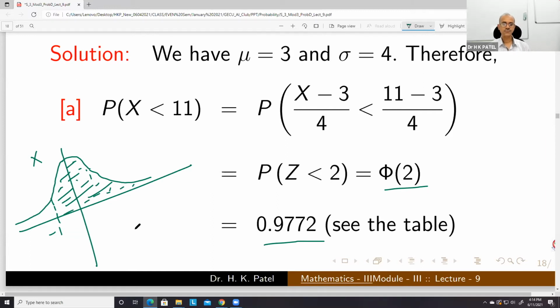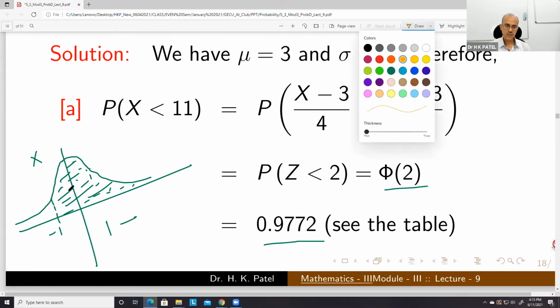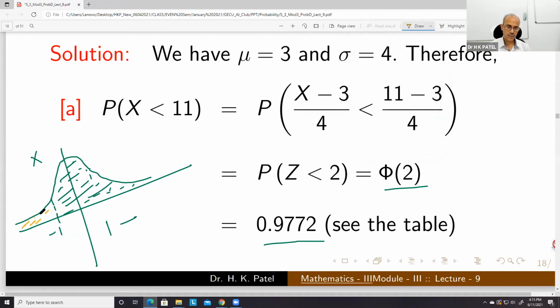All right. So this area is actually 1 minus this area. Okay. 1 minus, I can write, yellow area like this.